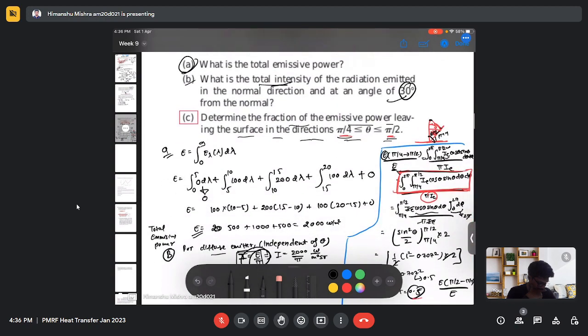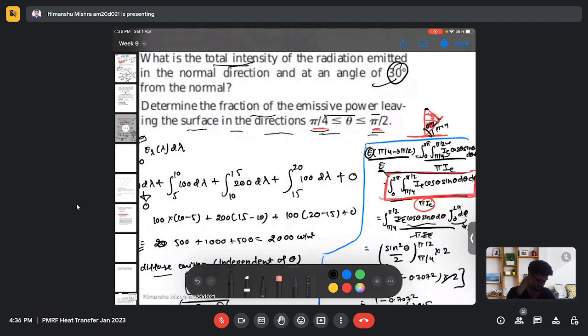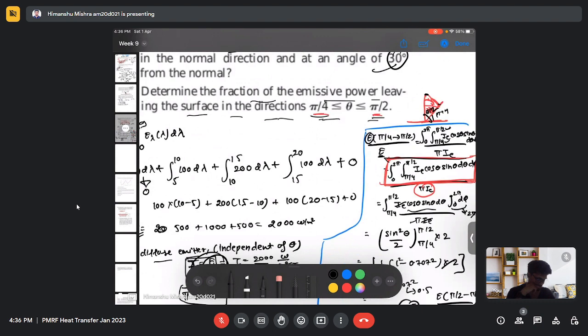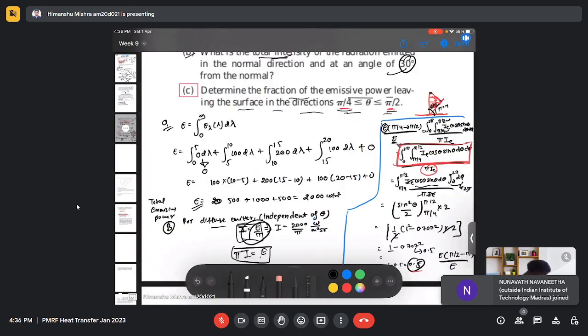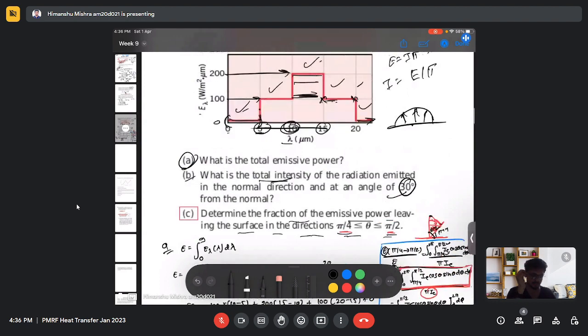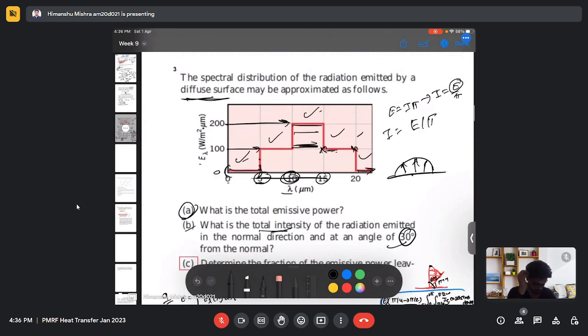But once it is diffusive in nature, it is independent of lambda also. No, if it is independent of lambda, then it will be spectral, right?